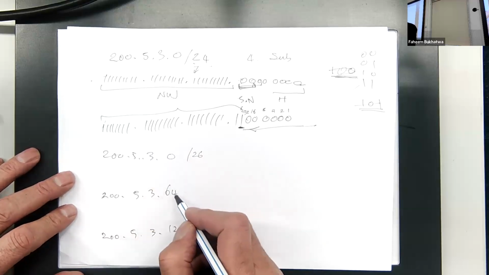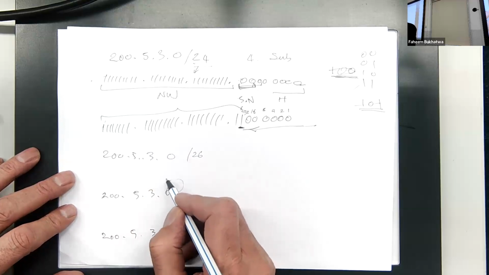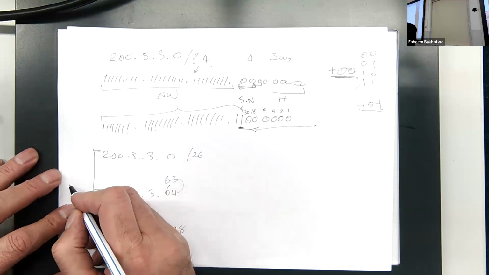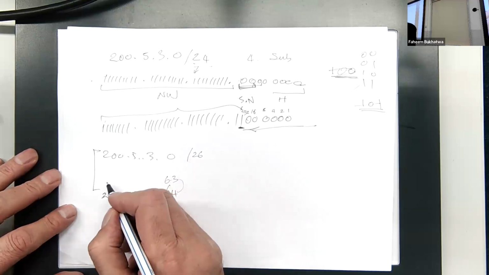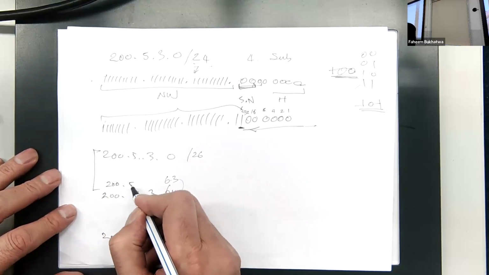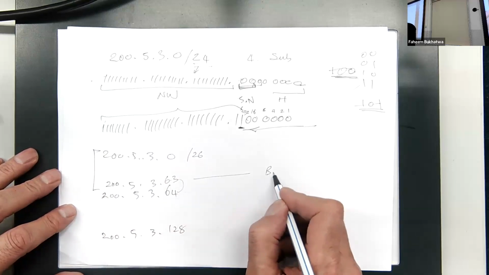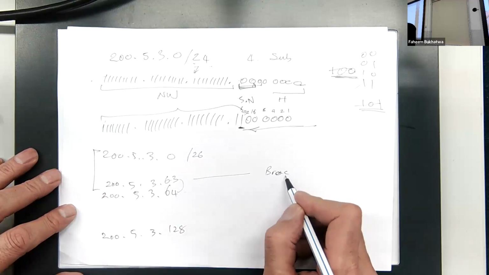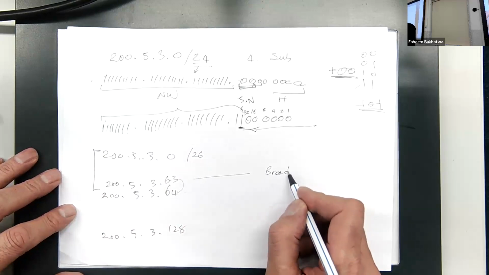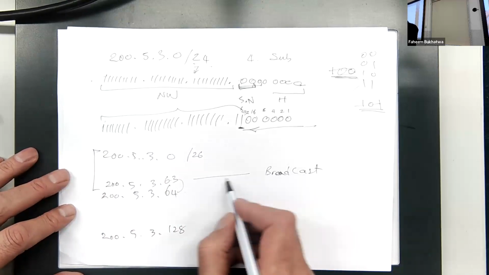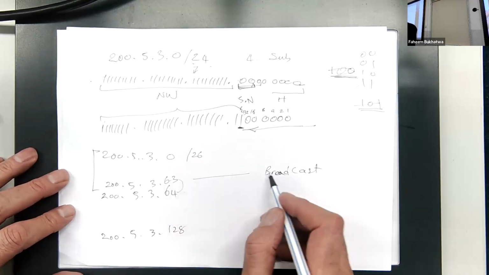The next one starts at 64, which means the one before it is 63. So 200.5.3.63 is the broadcast address for subnet 1.